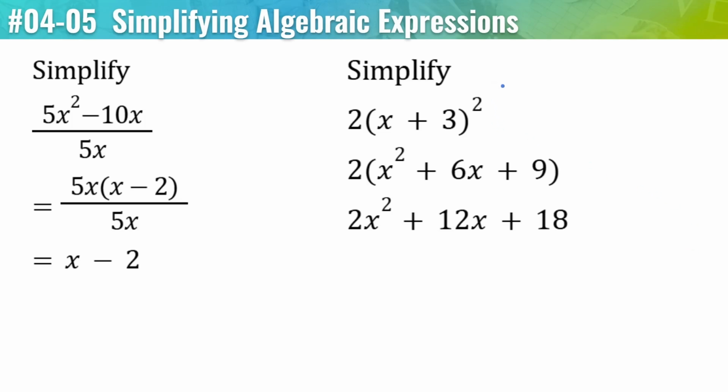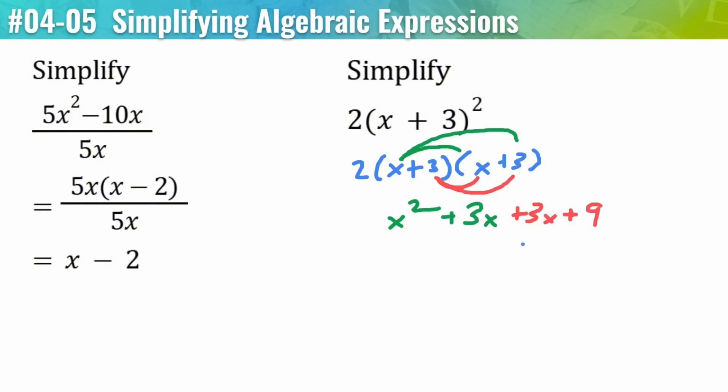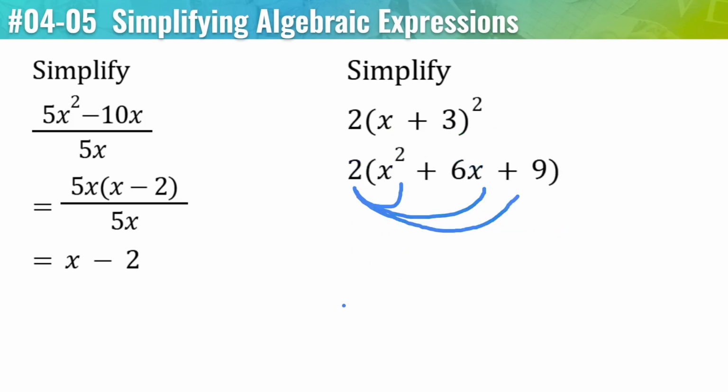So recognize this pattern. So you can see that when you square it, the middle terms are always going to be the same. So you can just have the pattern like this. Square the first term, square the second term, and then multiply the two terms by 2.